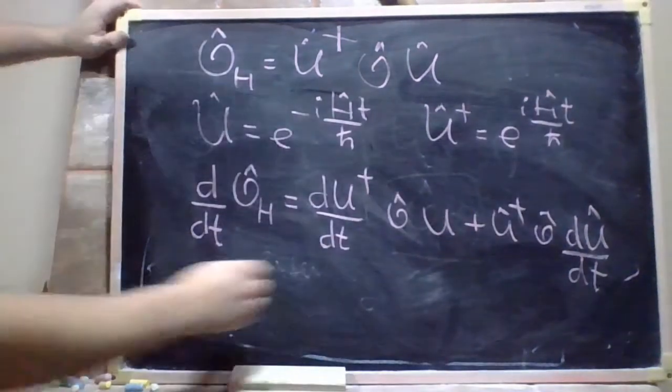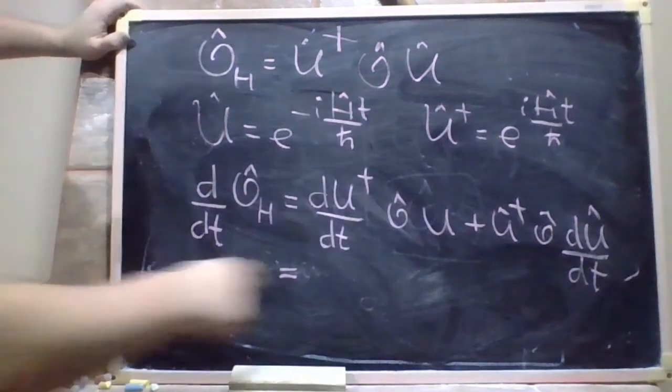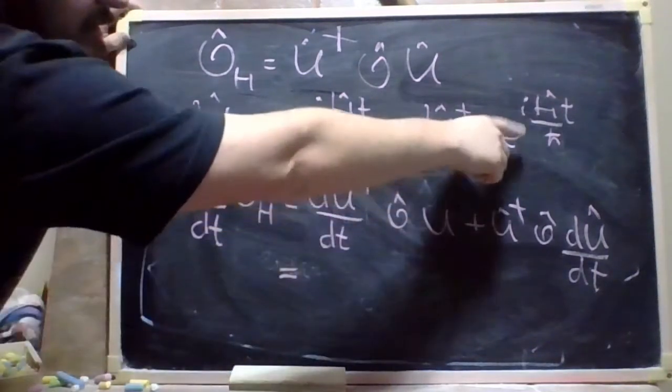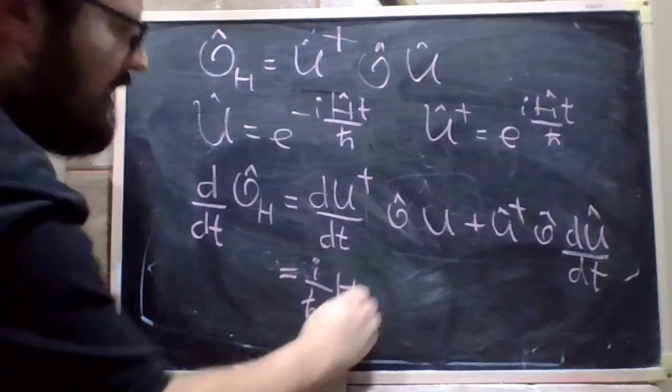So when you differentiate that, you'll find that here you have U dagger, and the derivative produces an i over h bar, the Hamiltonian.